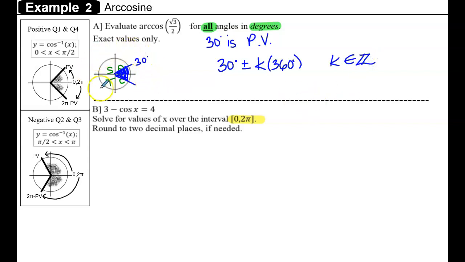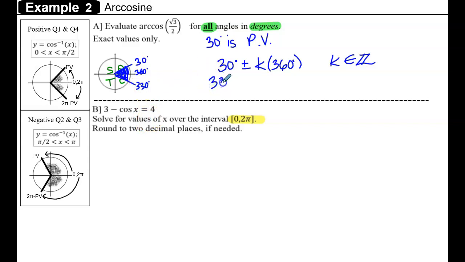Now that's not the only place where arc cosine of √3/2 evaluates. We also have a quadrant 4 solution, and the whole circle is 360. So going clockwise from 360 into quadrant 4, we would subtract 30 degrees to get 330 degrees.